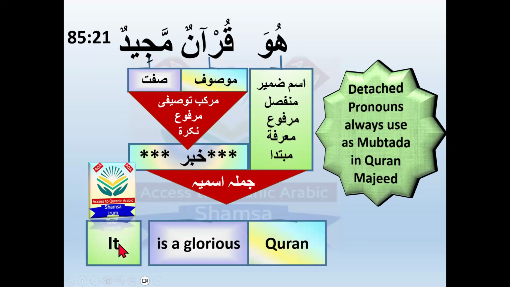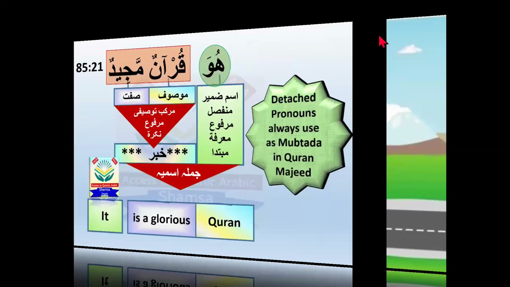I use the word it because there is no word in Arabic for it, so we use either huwa or hiya. There is no word in Arabic for the neutral gender. Huwa here is a mubtada and the full phrase Quranun Majidun is used as a khabar. The mubtada is just one word, a damir munfasil, which is always used as a mubtada.